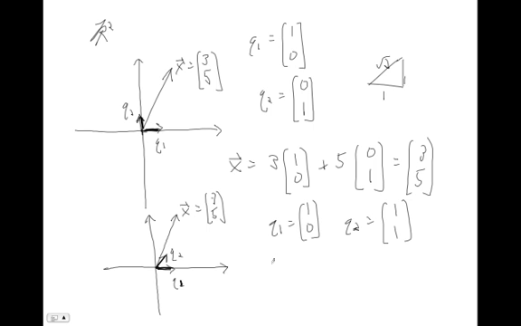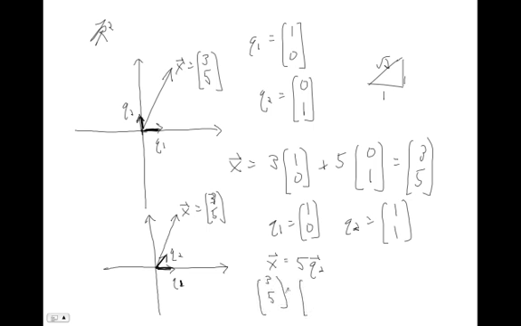So I can do it in a very informal way here, because the only way I can get this 5 in the 3, 5 is from Q2. So I know I need 5 times Q2. And if I were to do that, what would that give me here? I'm trying to construct this vector 3, 5.